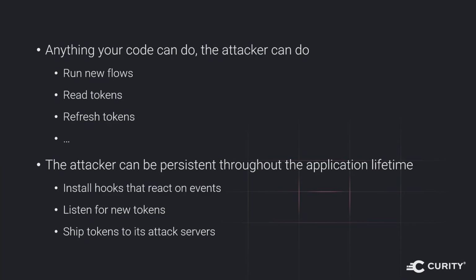Which also leads us to this reminder, because cross-site scripting is dangerous not because the attacker runs code, but because the attacker runs code the same way you run code. So if you can get a token, the attacker can get a token. If you can refresh something, they can refresh something. They can be persistent.